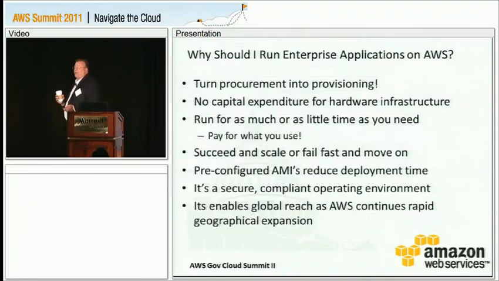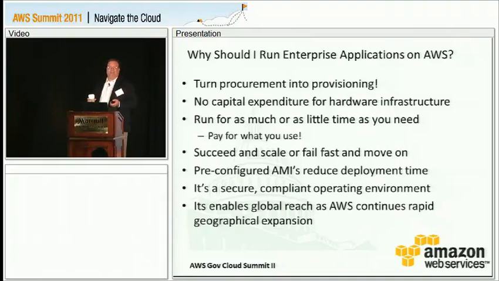All right, so why would I want to run an enterprise application in the cloud? And hopefully you got some of this out of the earlier sessions today. But I think one of the compelling reasons is this whole idea of turning procurement into provisioning. So the NASA JPL folks are awesome at this. And at the highest level there, I think they recognize that this is a really interesting attribute of the cloud.